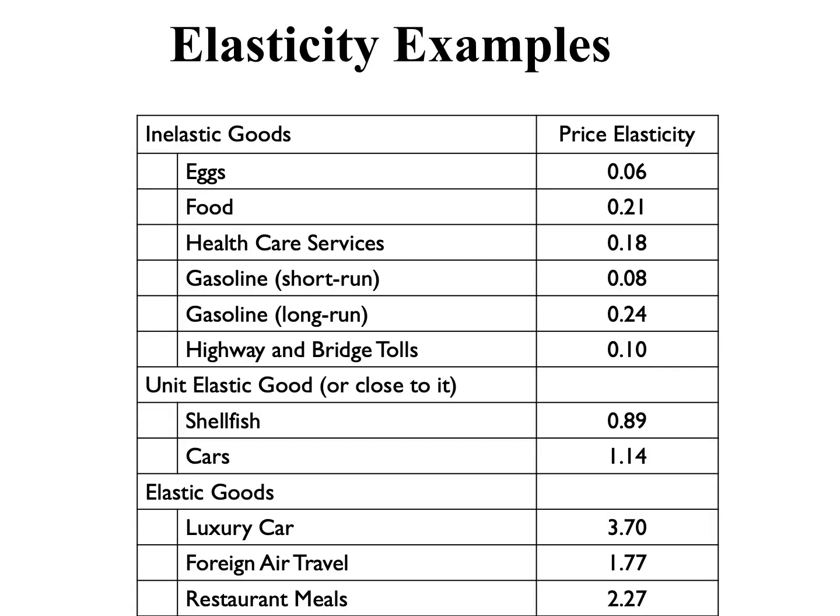Elasticity examples. These are calculations from real actual goods. What are goods that are inelastic, which means consumers are not very responsive? Eggs have one of the lowest price elasticities of demand because there are really not very many substitutes for eggs. Food as a general category, healthcare services, gasoline in the short run, gasoline in the long run, and highways, bridges, and tolls.